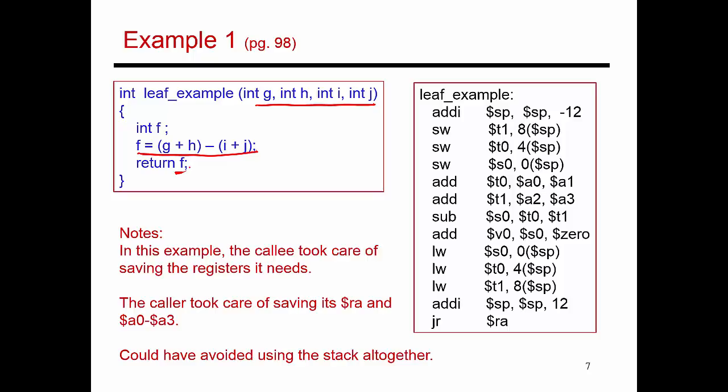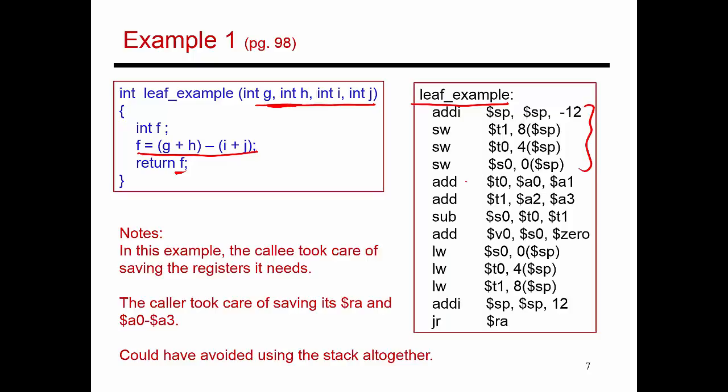If you look at the assembly code corresponding to this procedure, this is what it looks like. It starts at label leaf example. Let's ignore these 4 instructions for starters. Once those 4 instructions are done, I get into the body of the procedure, which is to do that math. It first takes G and H and adds them. G and H are provided as the first 2 arguments, so those values should be sitting in A0 and A1.